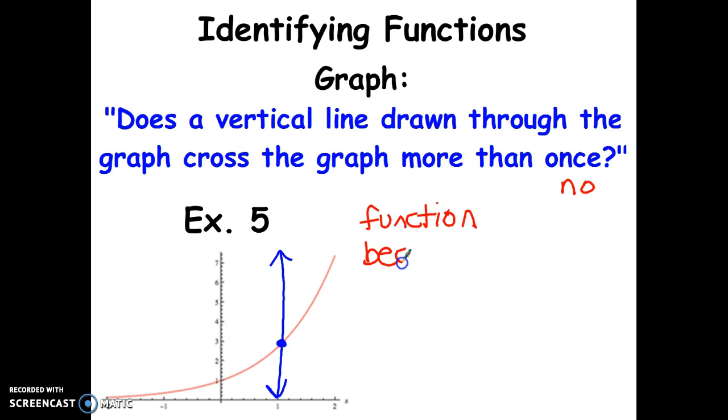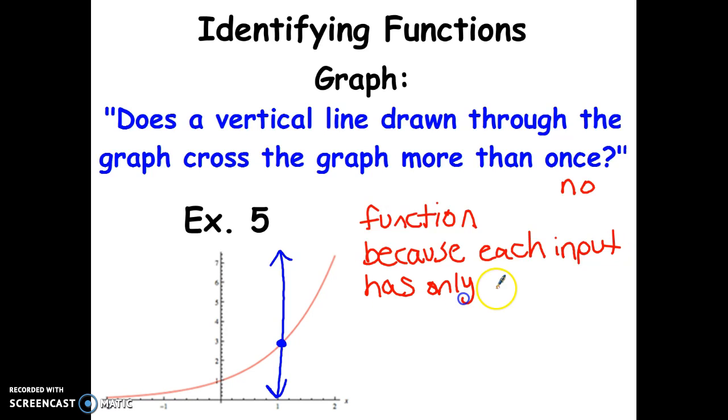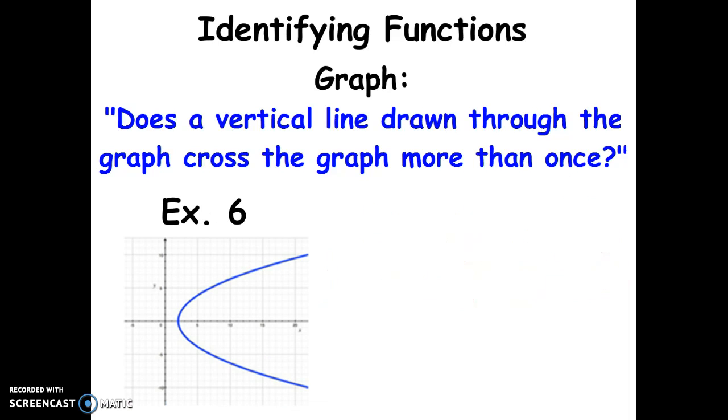And again, it's a function because you can either say it passes the vertical line test, or you can continue to say what we've been saying, which is because each input has only one output. Example 6.